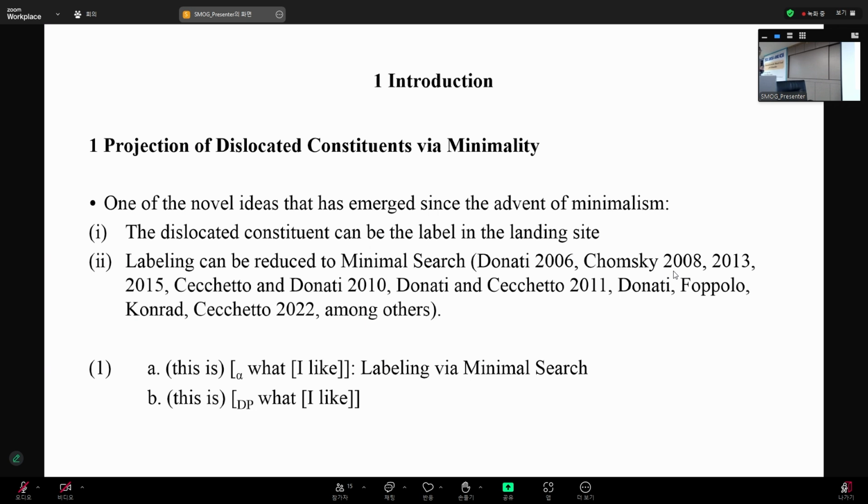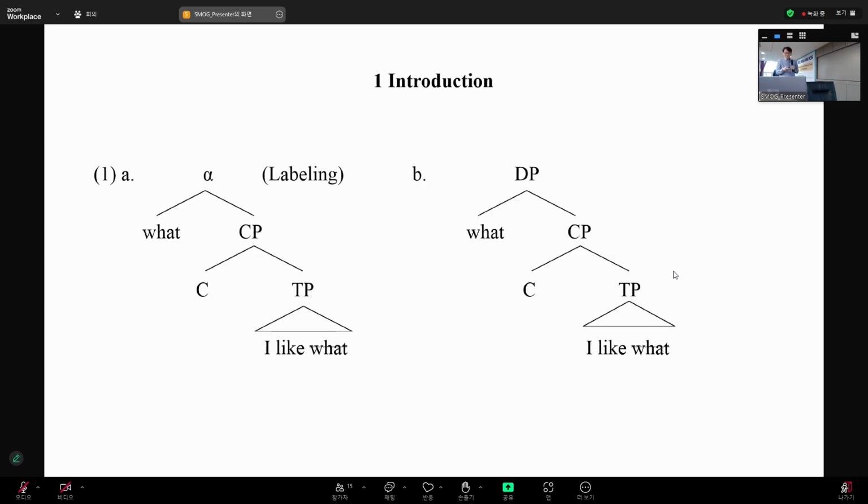Okay, one of the novel ideas that has emerged since the advent of labeling theory is that the dislocated constituent can be labeled on the left side, and labeling can be reduced to minimal search. According to this analysis, one can project a label because this is the phi-stem from alpha. So although what is dislocated, you can project a label, and that's why what I like is a DP.